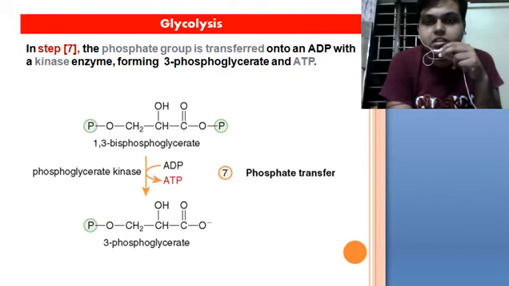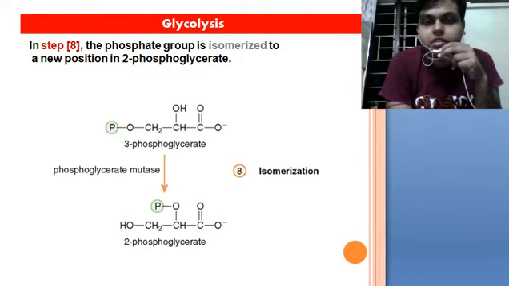Then in step 7, that phosphate moiety is transferred by phosphoglycerate kinase, and 1,3-bisphosphoglycerate is converted to 3-phosphoglycerate along with the production of ATP, and this is actually a phosphate transfer reaction in the presence of kinase enzyme.